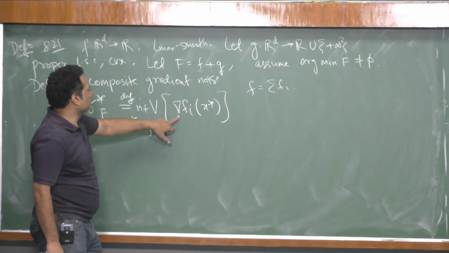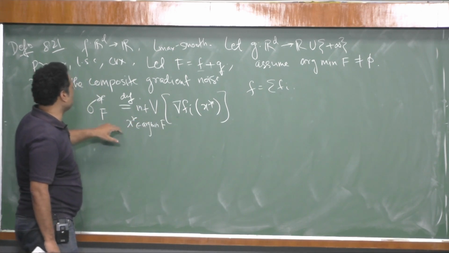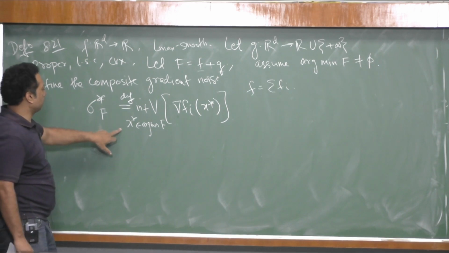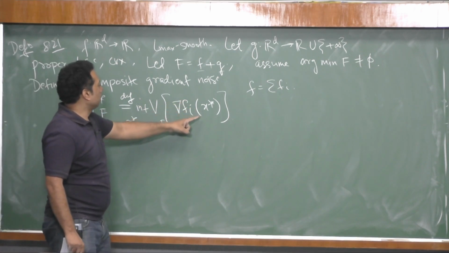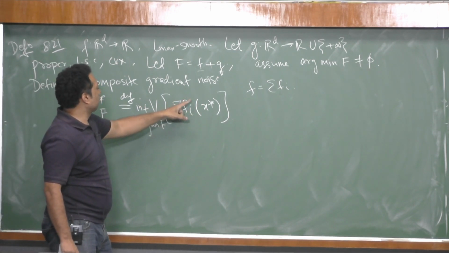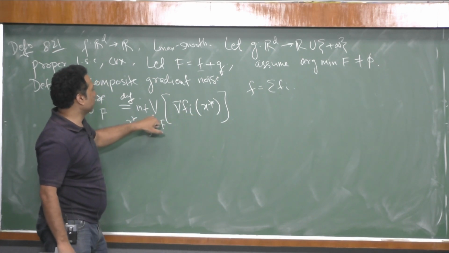I am picking some of the gradients only, and then what we are looking at is: if x star is the minimizer of capital F, then how does the gradient of fi at x star behave? How much do they vary?